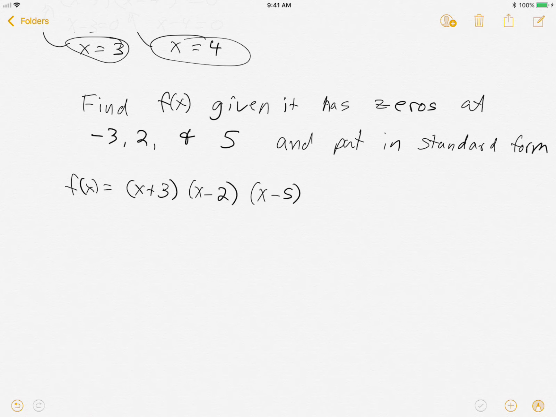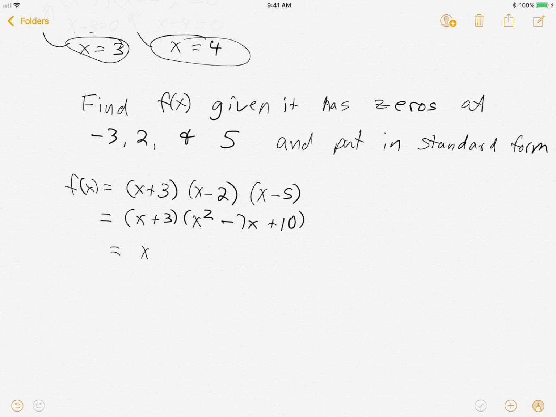Now this is not in standard form. To put it in standard form, we need to multiply all that out. Let me multiply these two together first. This is going to give me x squared minus 7x plus 10. And then we need to multiply this one.